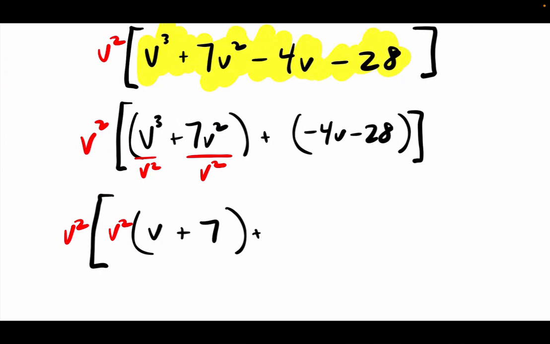Now in my second GCF, I want a v plus 7. That'll tell me what I need to divide by. So I'm going to have to divide by -4 to make that happen, right? V plus 7.